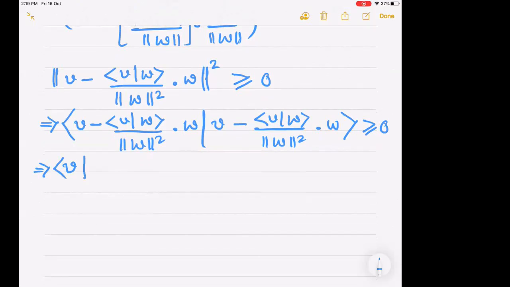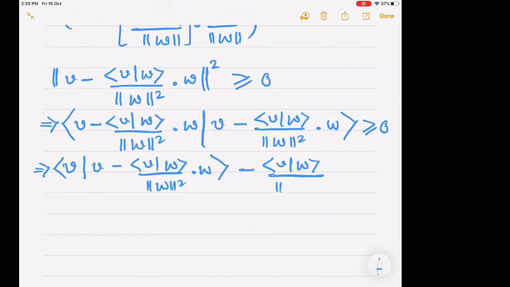minus <V,W> over norm W squared times W, minus the scalar will come out, <V,W> divided by norm W squared, W inner product with V minus <V,W> norm of W squared W. This must be greater than or equal to 0.